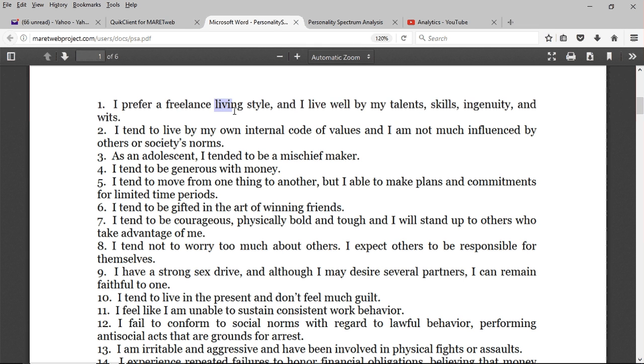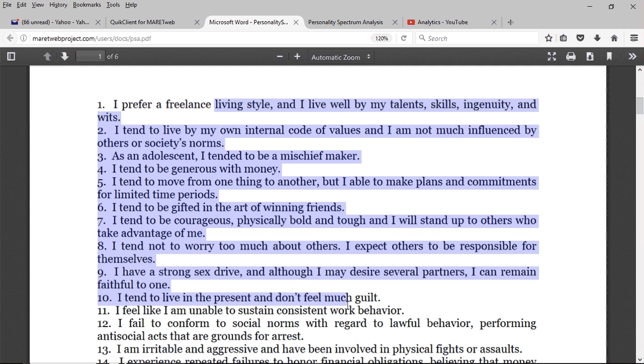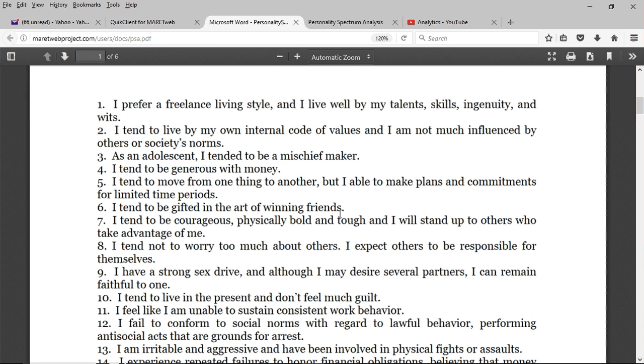So if a person says that didn't sound like me at all for the first 11 items, they're going to get a 0 on the antisocial personality optimal functioning matrix. The whole thing is any score at all is a negative score. We're not looking at positives here, we're looking at negatives.